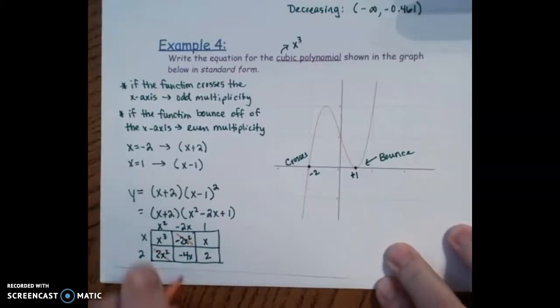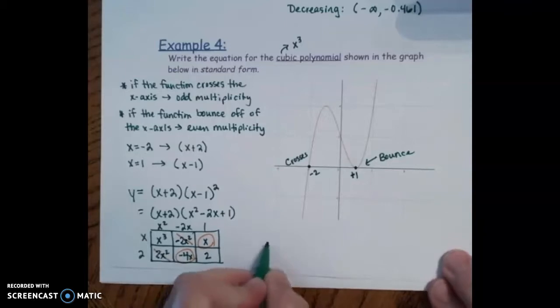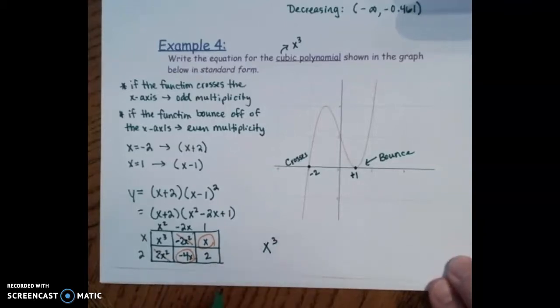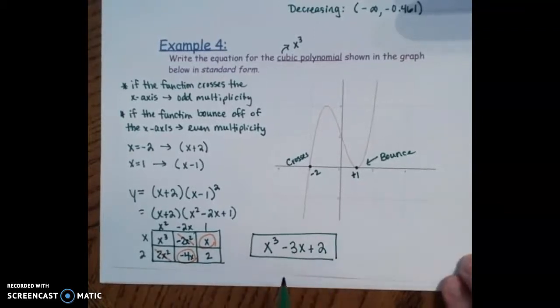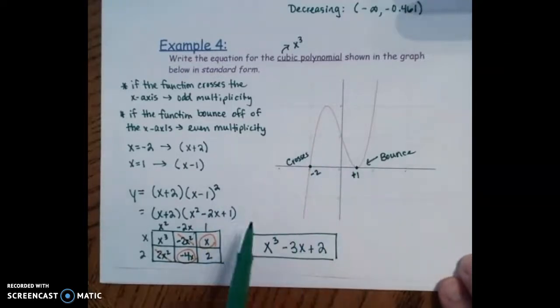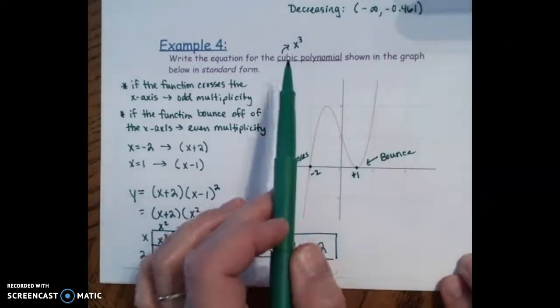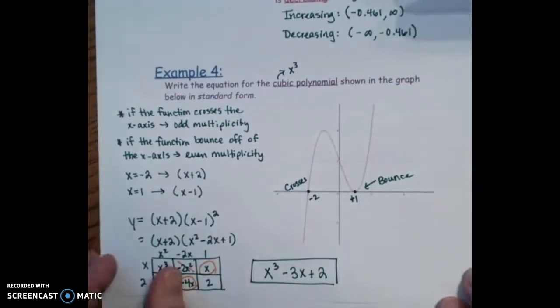These guys are going to cancel out. Here's like terms. So our polynomial is going to be x to the third minus 3x plus 2. Okay? And then you could graph that to make sure that it does match your graph.